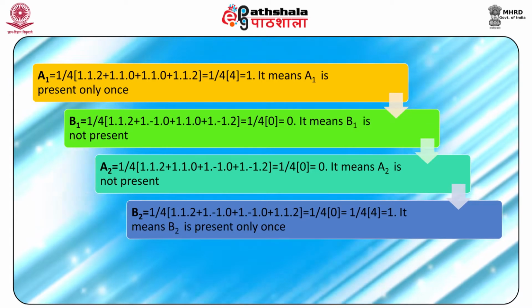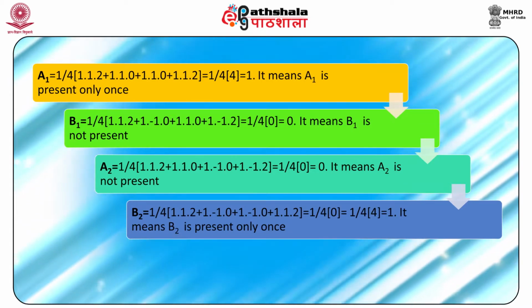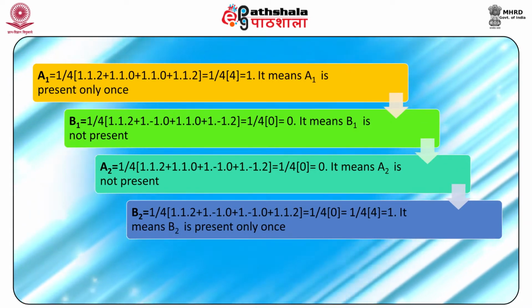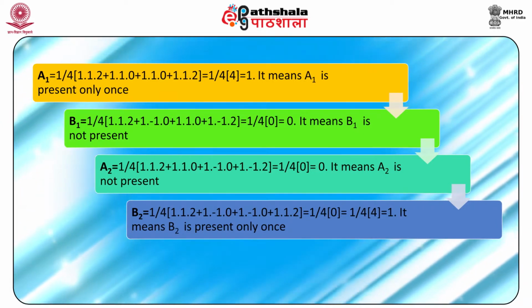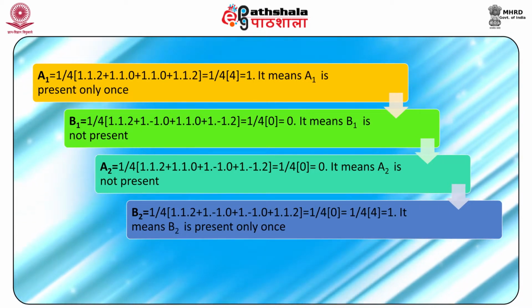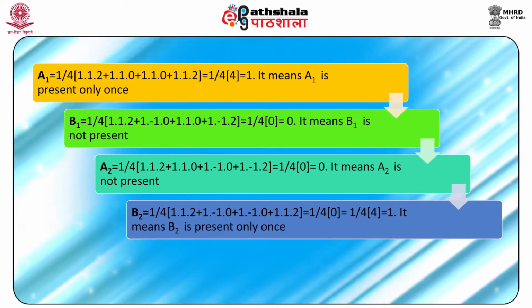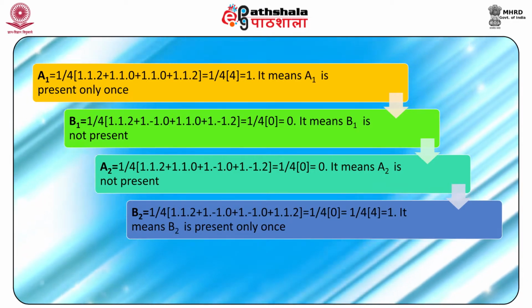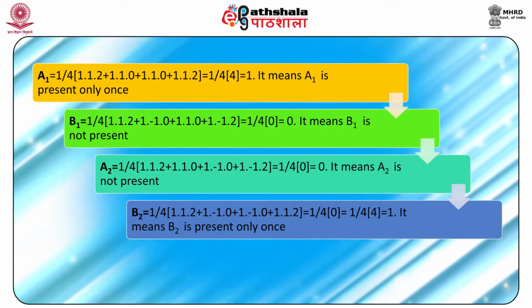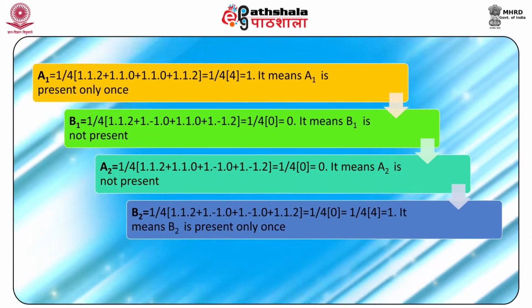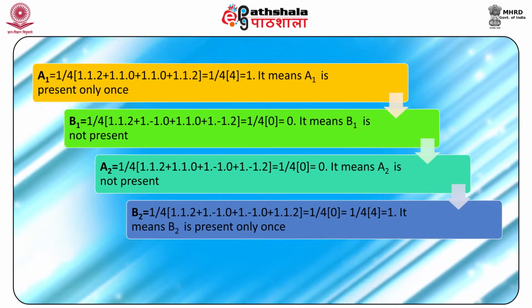Let us check the B2 mode, which is equal to 1/4 [1×1×2 + 1×(-1)×0 + 1×(-1)×0 + 1×1×2] = 1/4 × 4, which is 1. It means B2 is present only once.